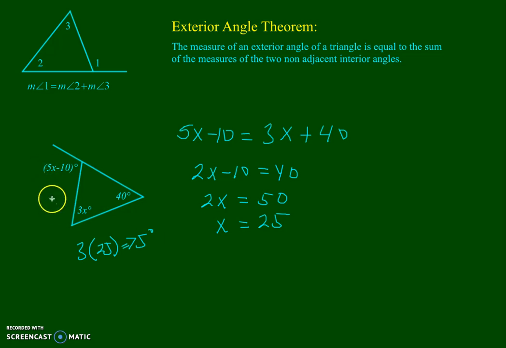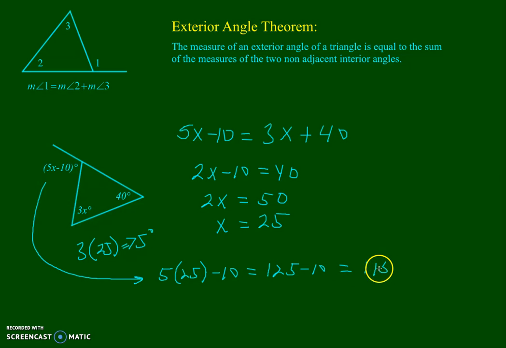And this one, I don't have enough room over here, so we'll just do this over here. So 5 times 25 minus 10 equals 5 times 25 is 125 minus 10, which is 115.